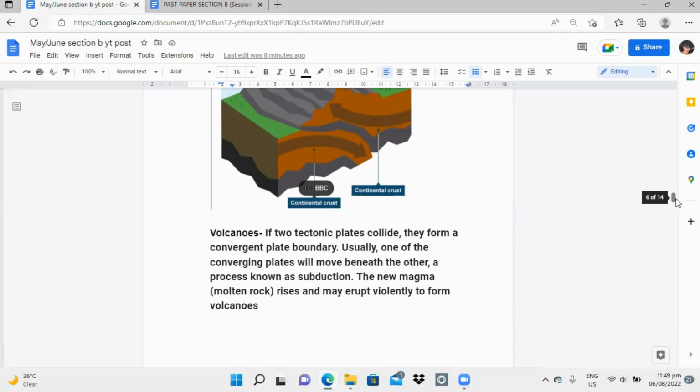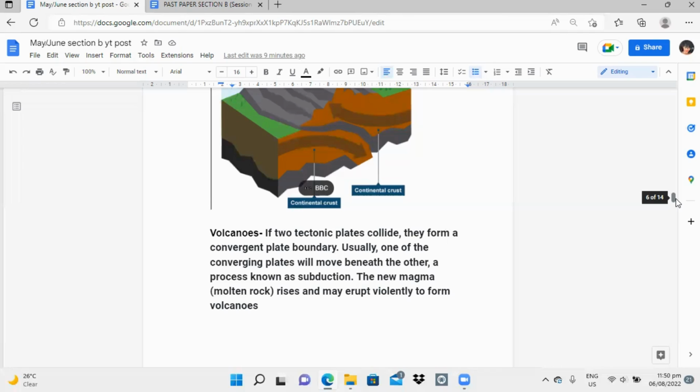This plate is usually the heavier plate, which is the oceanic plate. So we have two types of plates. We have continental plates and we have oceanic plates. Oceanic plates are a lot heavier. So when the two plates collide, the oceanic plate is the one that is sent back into the earth, and it's a process known as subduction.